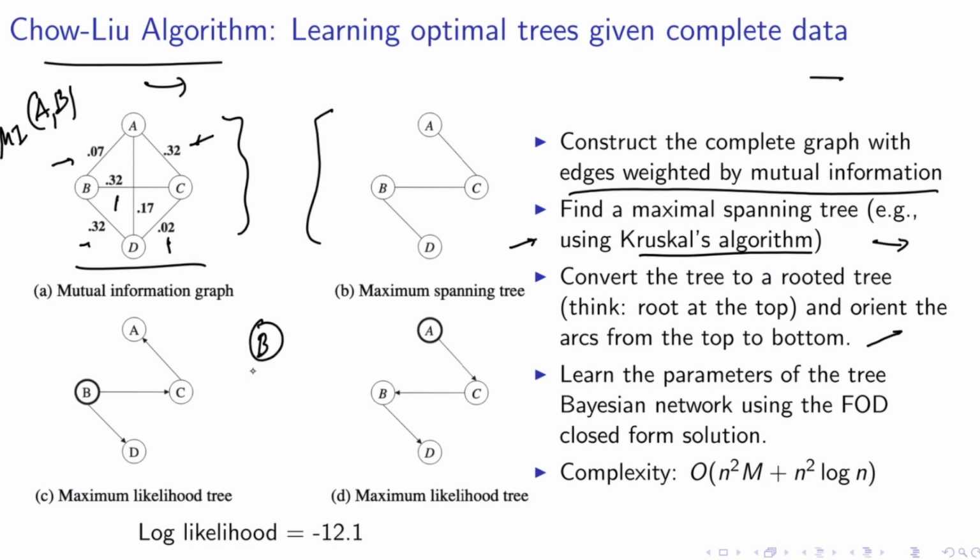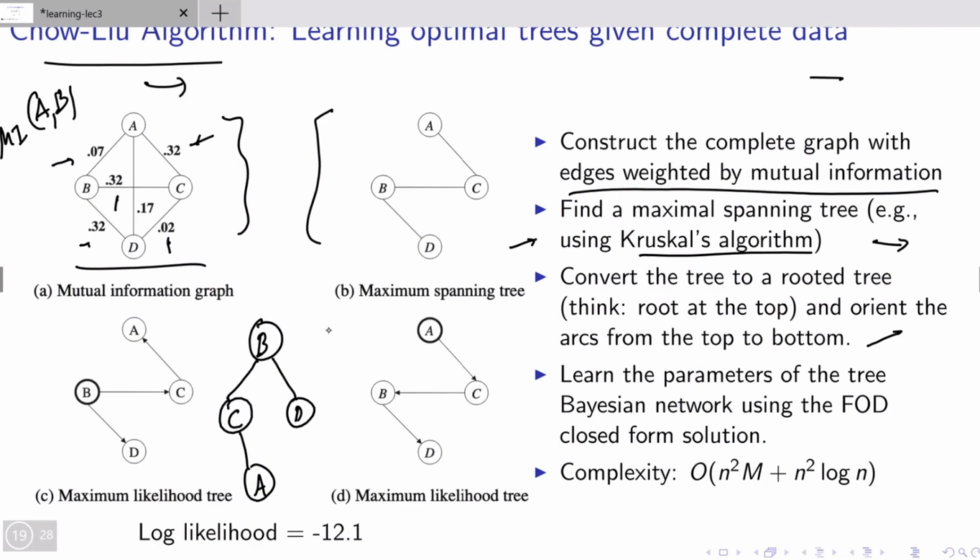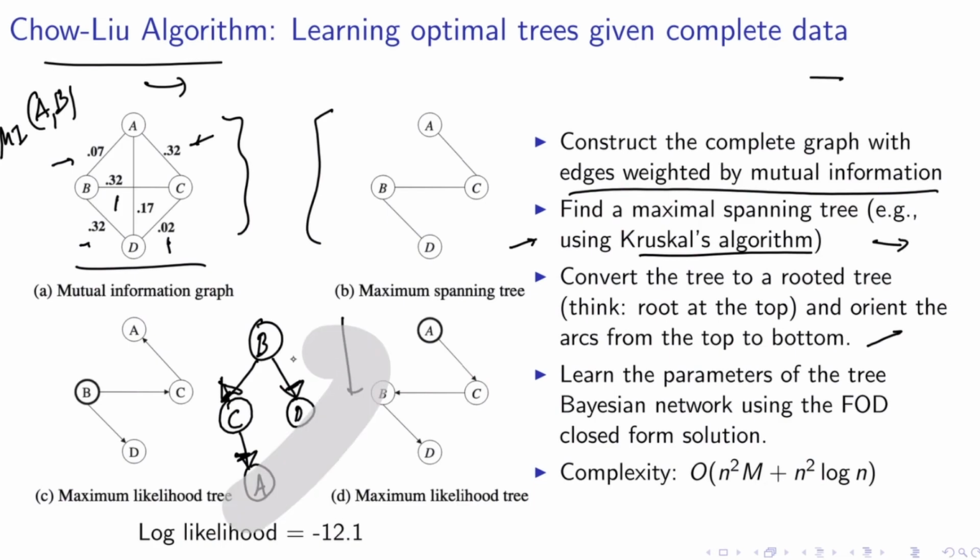I'm drawing it as a rooted tree after selecting B as the root. So all the orientations of the edges are from top to bottom. So that's my Bayesian network, which is the one given on the slide.